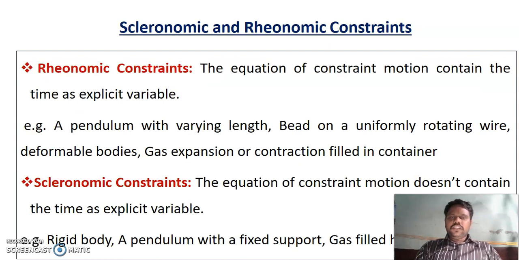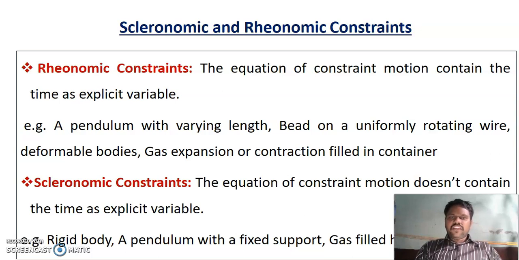In the previous session, we learned the constraints and their types, namely holonomic and non-holonomic. They are further classified into scleronomic and rheonomic constraints.